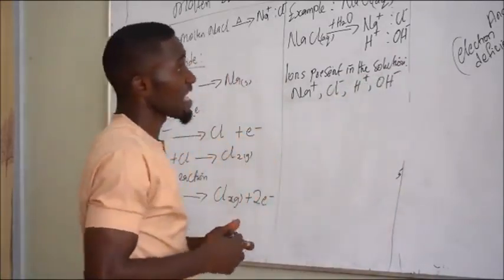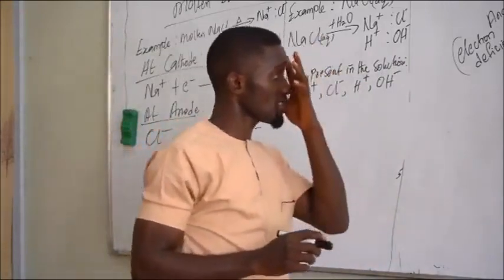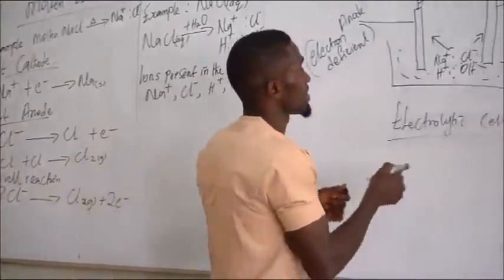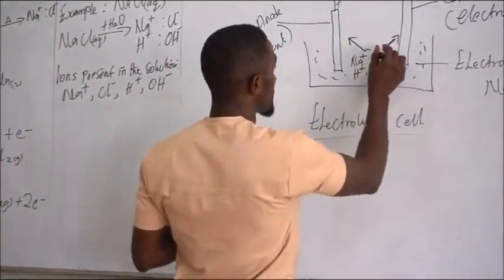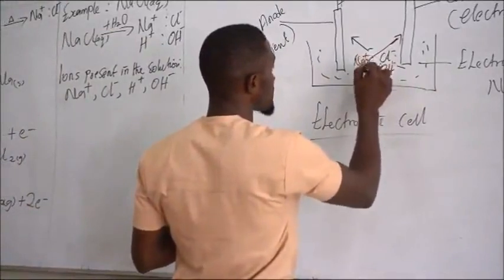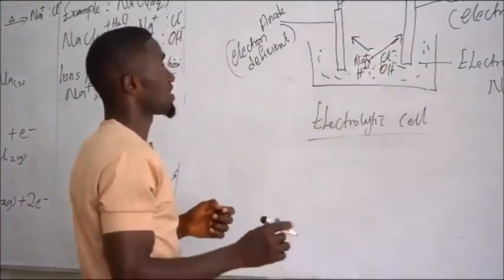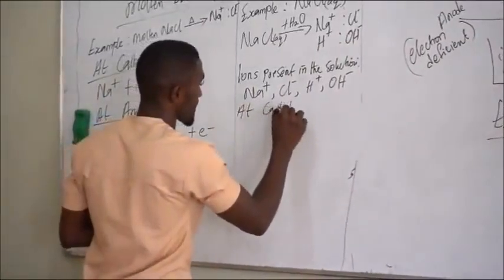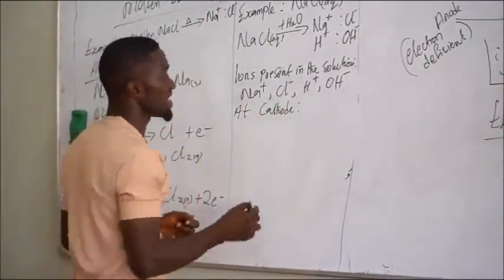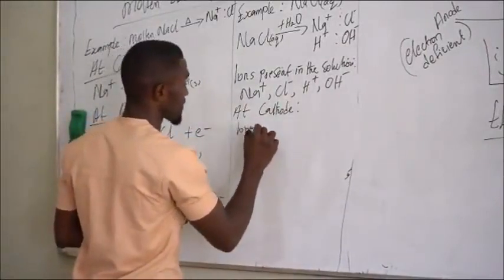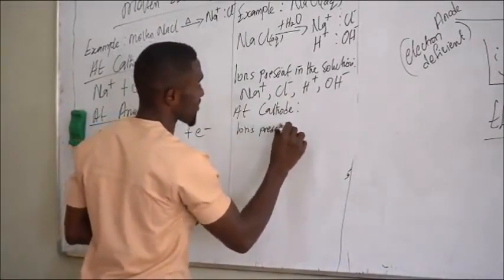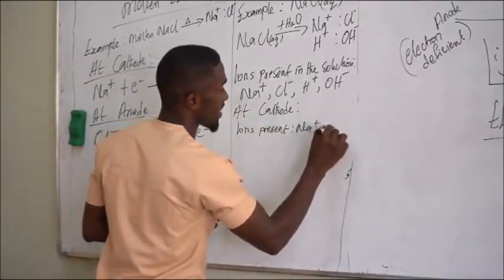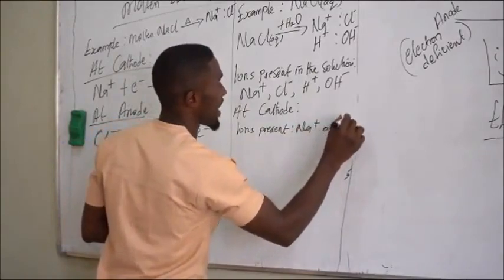Now, during electrolysis, the positive ions migrate to the cathode. These two ions, we can say at the cathode, the ions present include sodium ion and hydrogen ion.